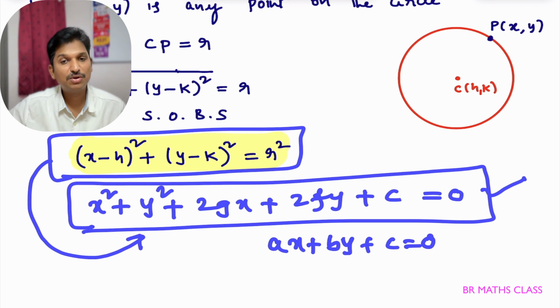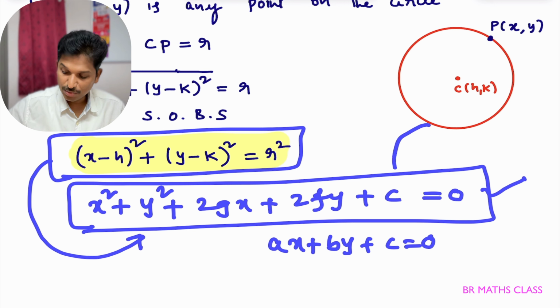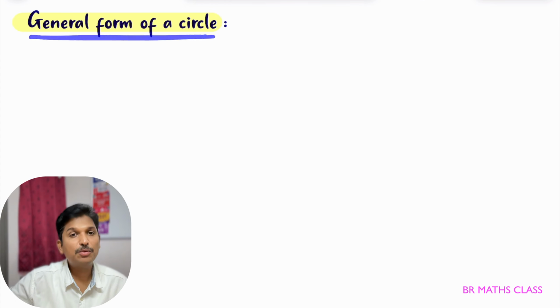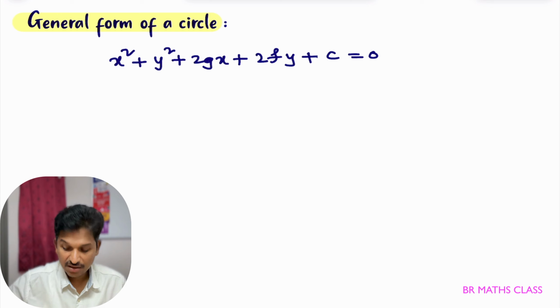Like that, what is the general form of a circle? The general form of a circle is x square plus y square plus 2gx plus 2fy plus c equal to 0. Now we'll discuss the general form of a circle. As I said, one x square term, one y square term, one x term, one y term, one constant term will be there in the general form of a circle.